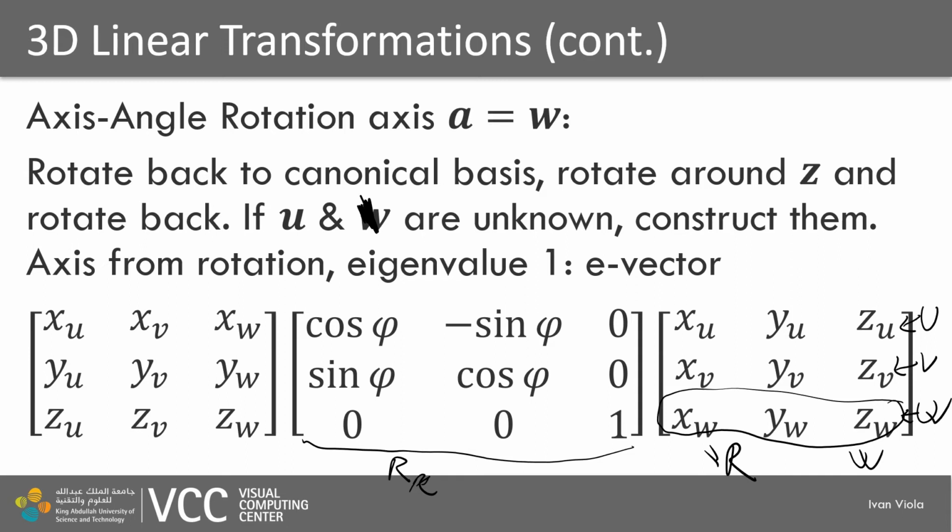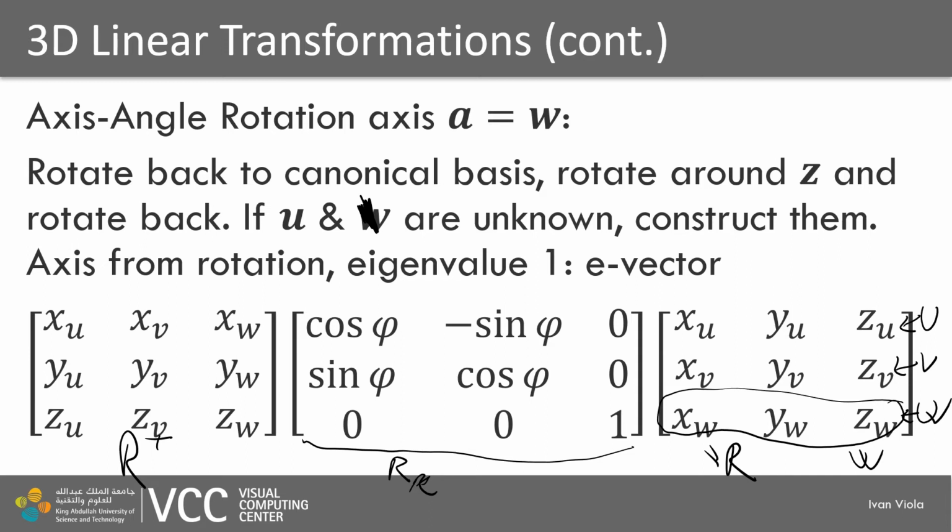And then this is our transpose R matrix, so we are rotating back. That's how we can realize an arbitrary rotation around an arbitrary axis, if we are given an axis angle rotation as an input.